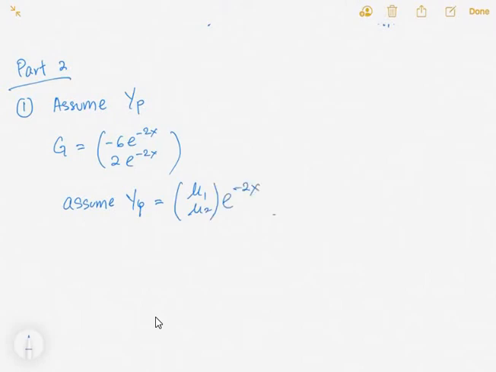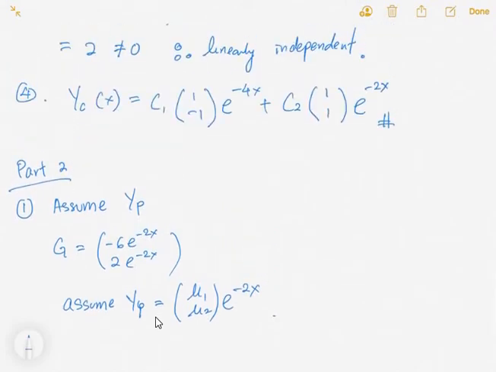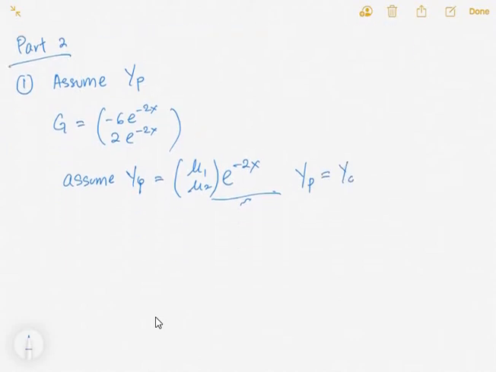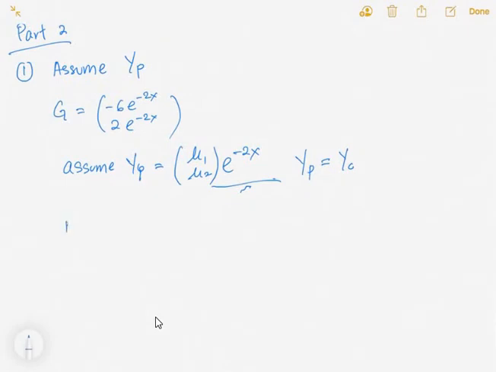You check again, is this the same as y_c or not? This is your y_c. Y_c has the exponent, and y_p also has exponent negative 2x, so it's the same. So cannot. If y_p is the same as y_c, cannot.